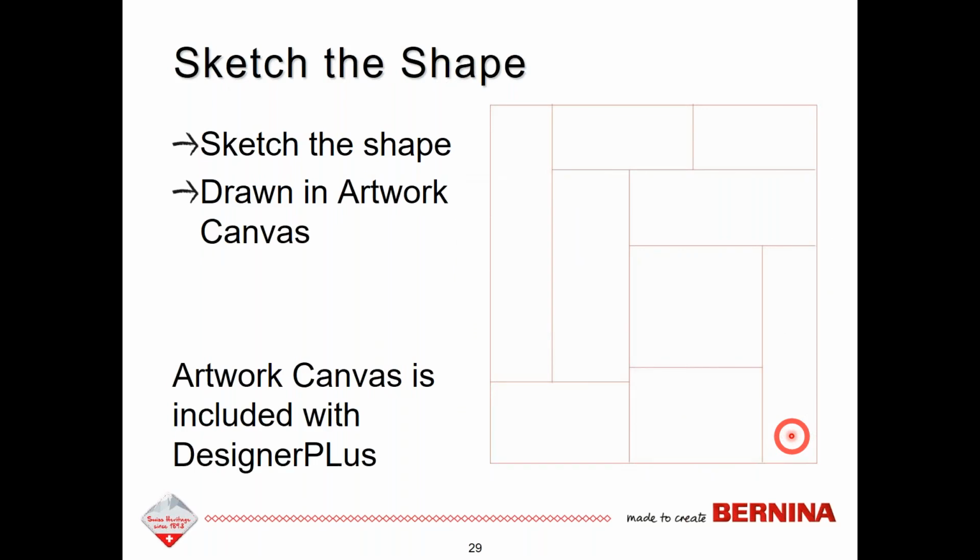So I sketched the shape. I actually drew it in Artwork Canvas, which is a part of DesignerPlus software. It's a drawing program. And then I converted that sketched background into an embroidery file to share with you.